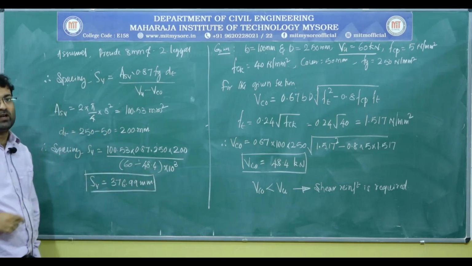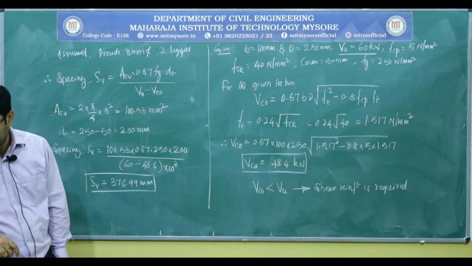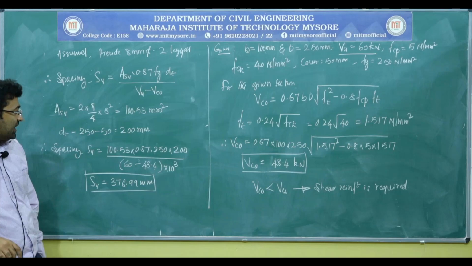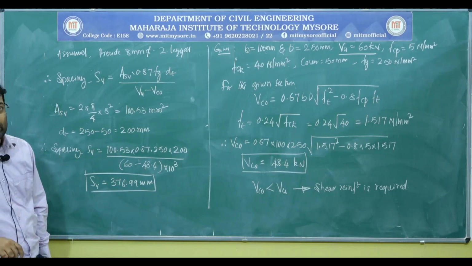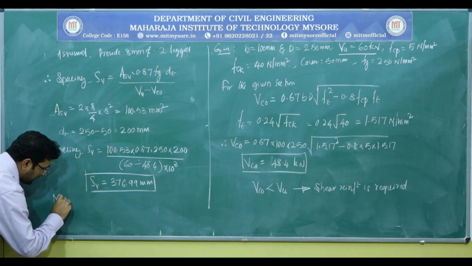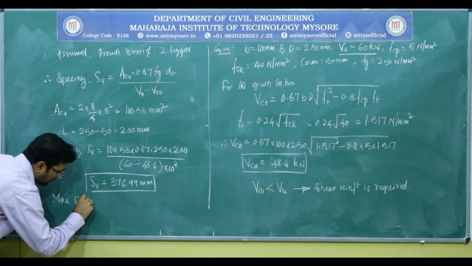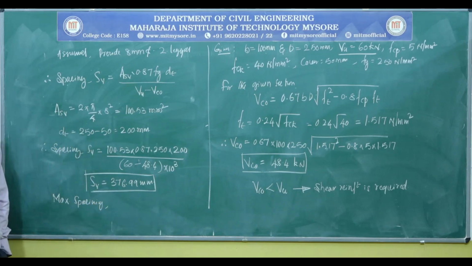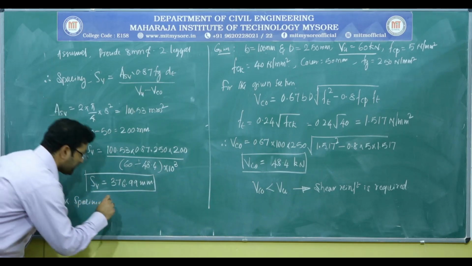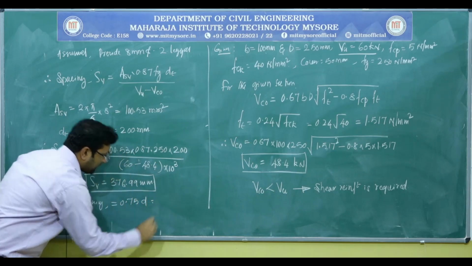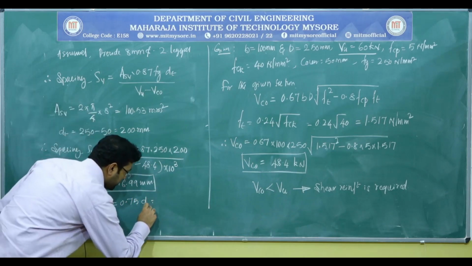So can we provide this much spacing? No. As per code, there are some conditions we need to follow whenever we are providing the spacing. That is, the maximum spacing allowed as per code is 0.75 times the effective depth, that is dt.